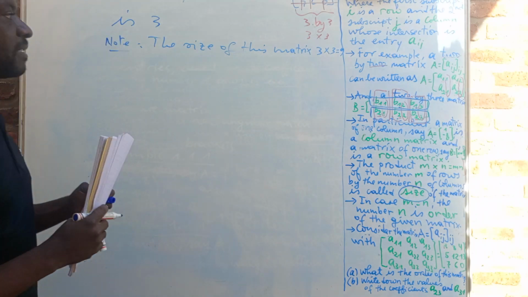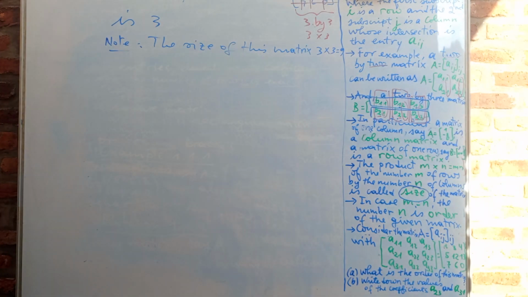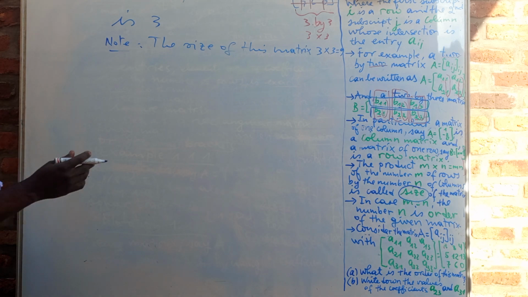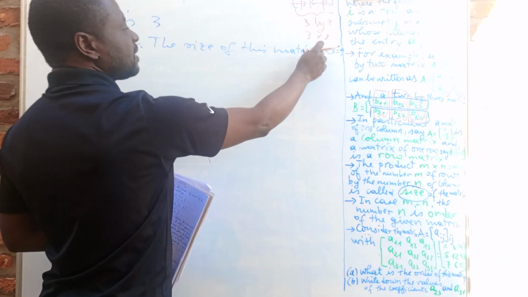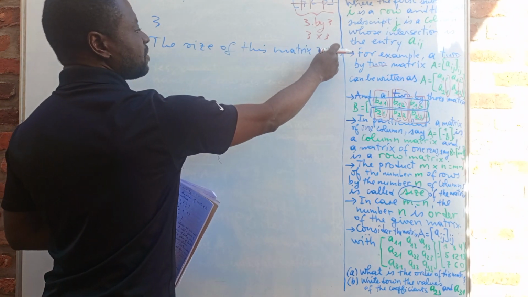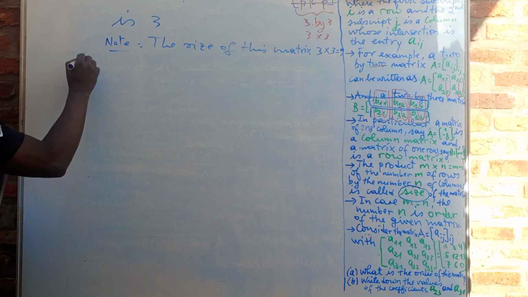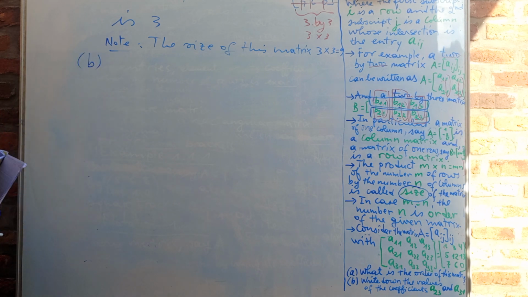The size of this matrix is 9, but it is better to indicate the number of rows and the number of columns. Okay, now moving on to question B.